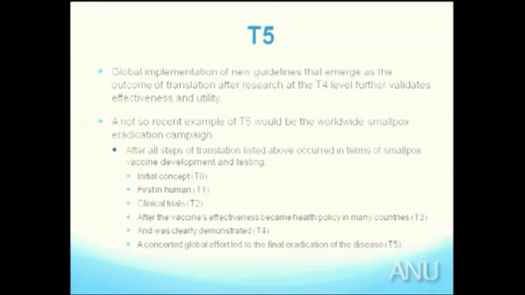So the example that's here, that's why I gave the example of smallpox, because it's the only thing that I can think of that goes from 0 to 5. So there was the initial concept in Jenner's mind. Then he did the first in humans that you saw in the painting, T1. Then there were larger numbers of trials all over the world. Then a specific vaccine was developed and became health policy in many countries.